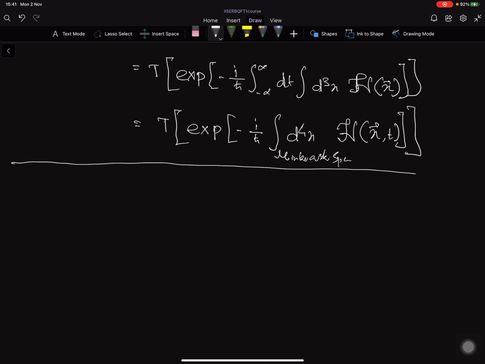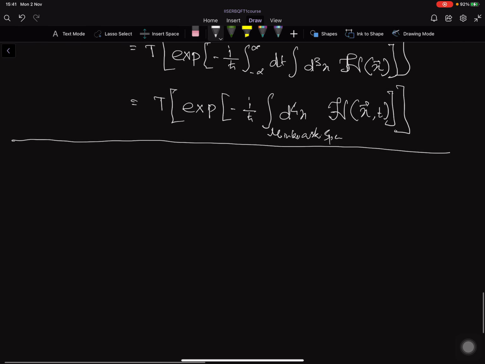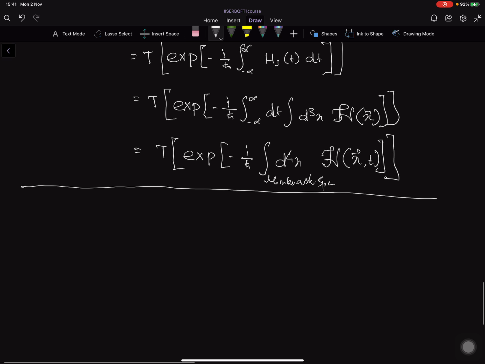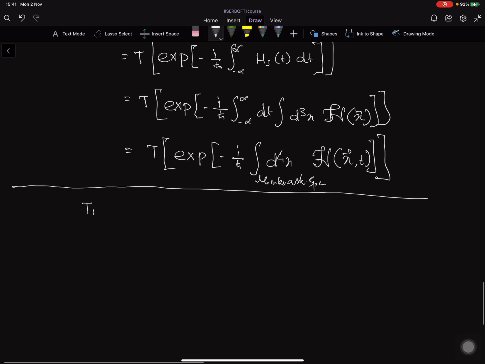But as we discussed, time ordering is usually ambiguous for space-like separated points. We already discussed it in the case of free theories.